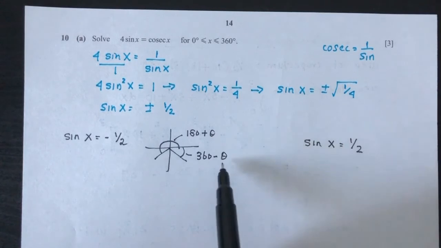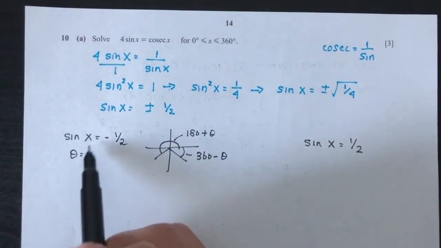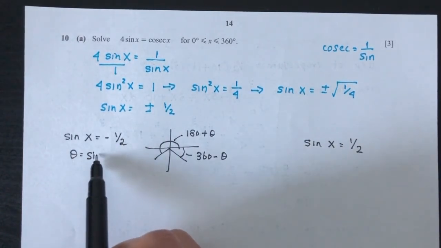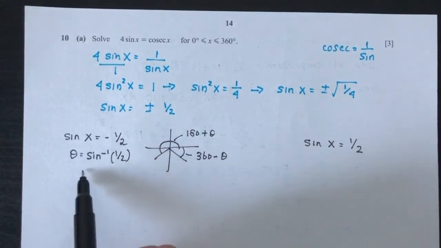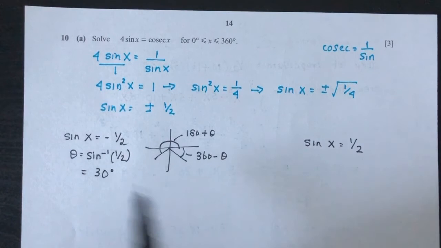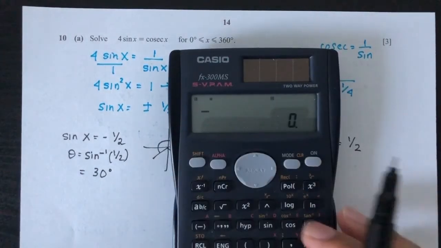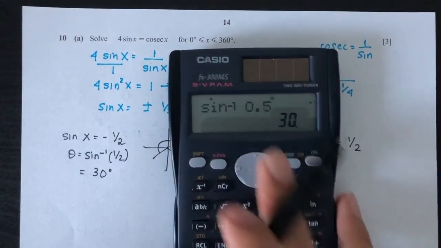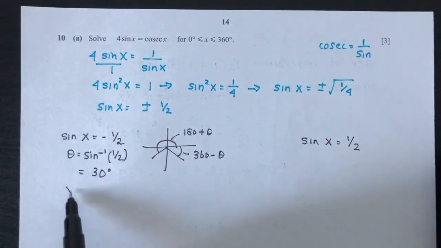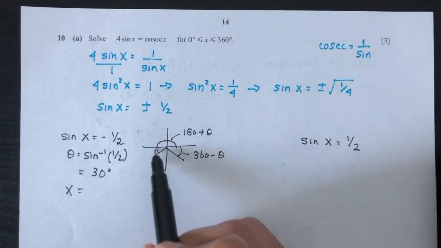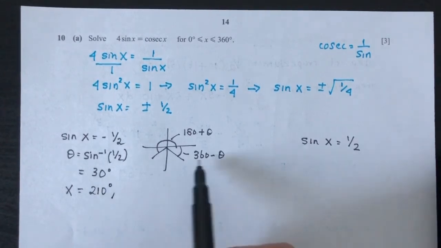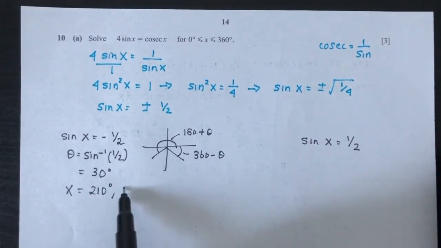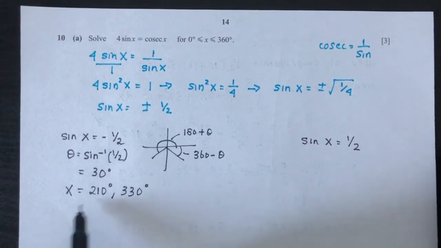Now we have to find the value of theta. Theta is not the same as x for now, so theta is sine inverse of the positive value. That is equal to 30 degrees, you can check. So sine inverse of 0.5, that will be 30 degrees. Now to find the value of x, first one is 180 plus theta, that will be 210, and 360 minus theta, that should be 330. That will be your first two values.